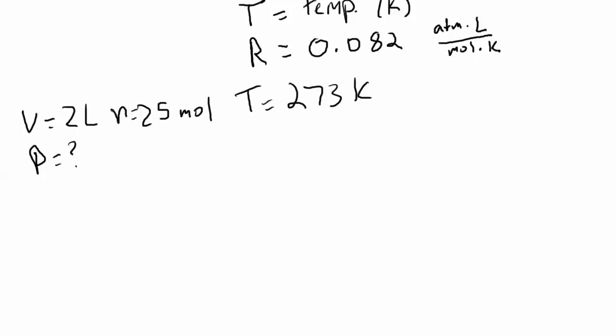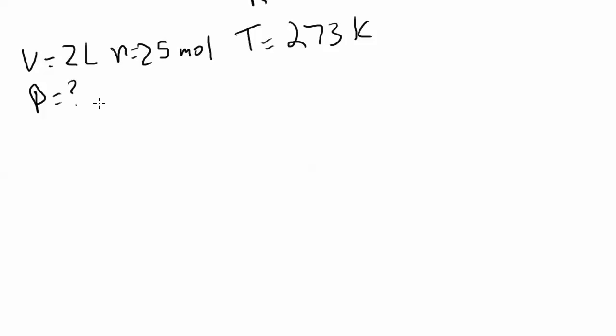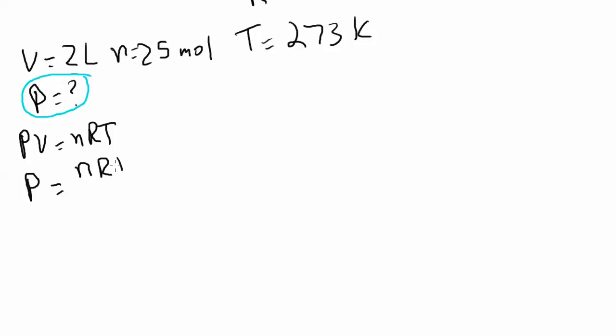You can calculate what the pressure of that gas would be. So basically this is just plug and chug. You take your ideal gas law, PV equals nRT. You solve it for what you're trying to find. And in this example, I'm trying to find pressure. So I have to solve the ideal gas law for pressure. So if I divide both sides by volume, I get pressure equals nRT over V. So for this problem, now I'm gonna throw those values in there.